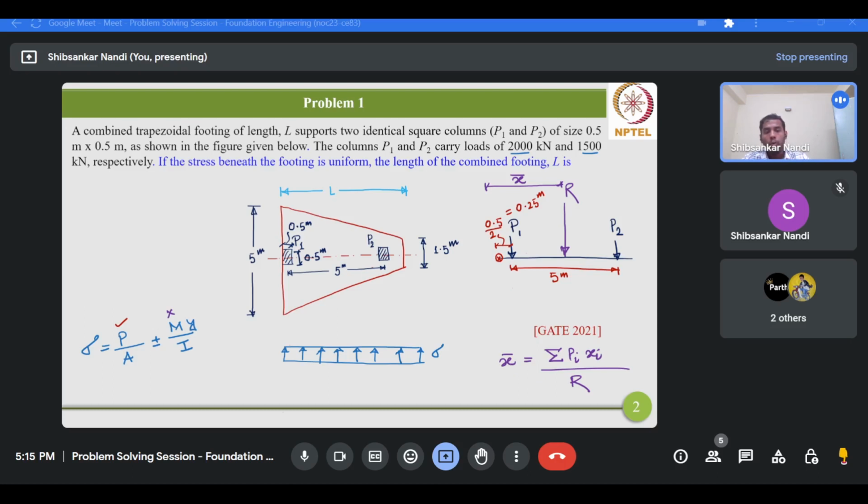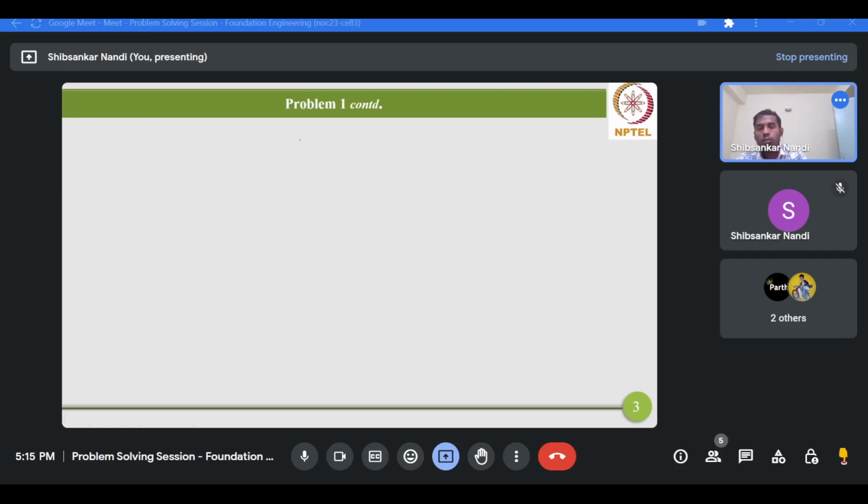Now what about Pi and xi? So x bar is P1 x1 plus P2 x2 divided by R. Now P1 we know is 2000 kilonewton, and P2 is 1500 kilonewton. Now what about this x1 and x2?